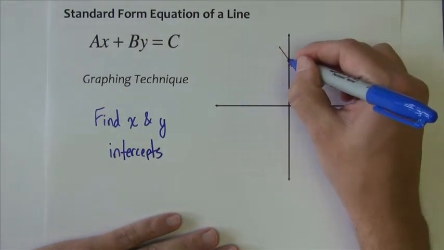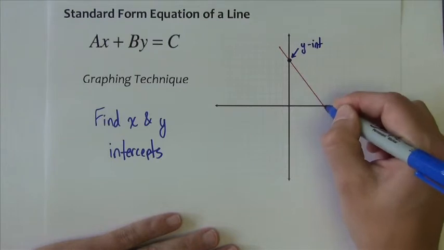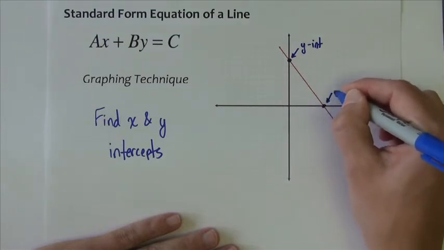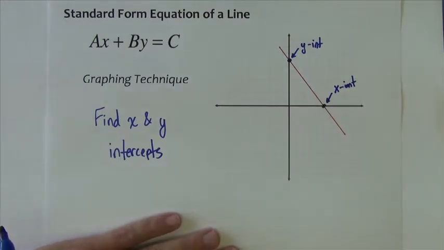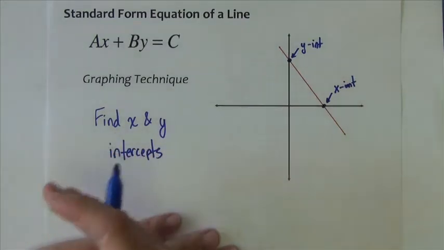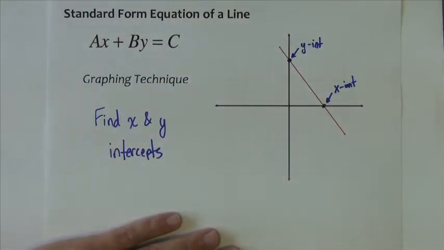The x and y intercepts are the places where the line crosses the x and the y axis. If I can find those 2 points, I just saw on the previous slide that all we need is 2 points to make a line. We can find those 2 points, connect them and go through them with a line.